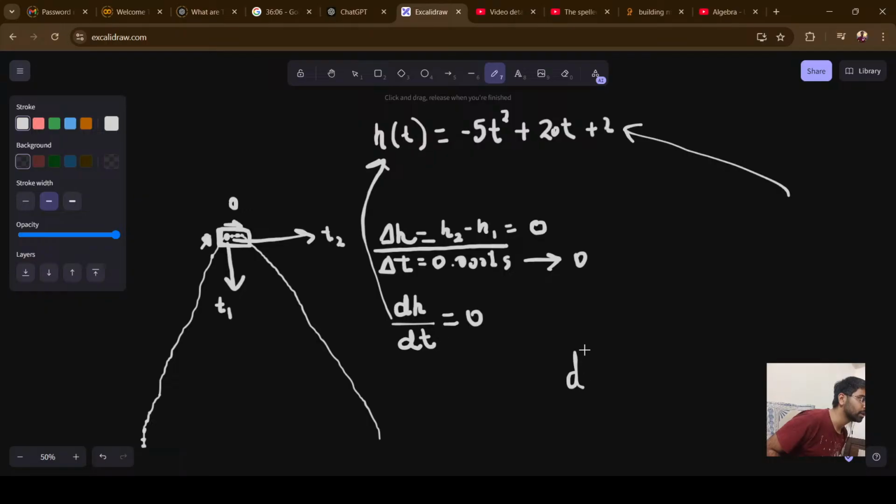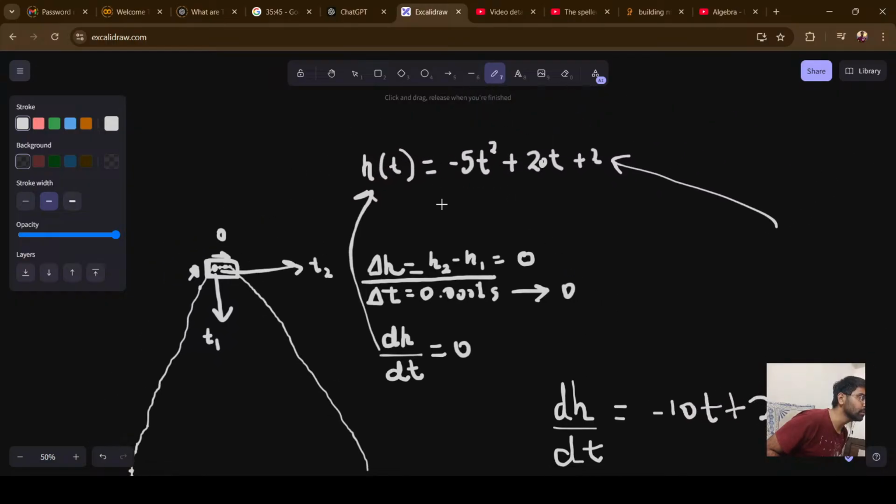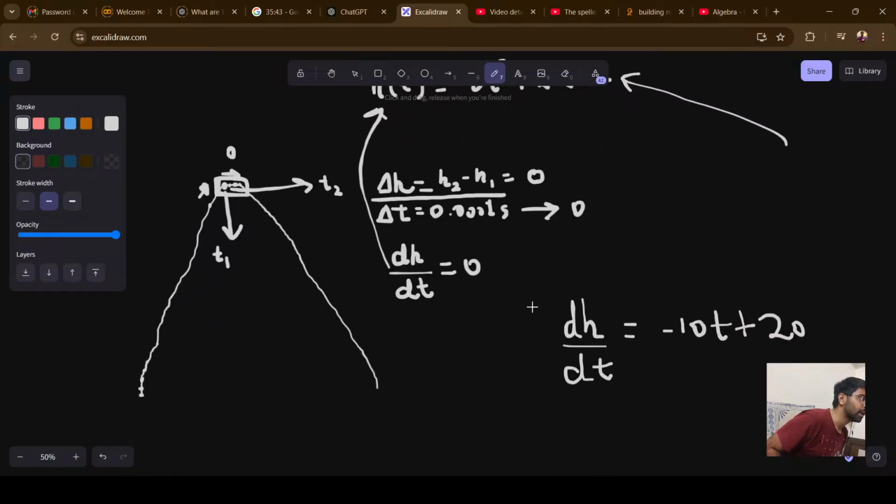So if I go like this, dh by dt, if I take the derivative with respect to t, then it will be minus 10t plus 20, right? Okay, and the value of dh by dt here is 0.